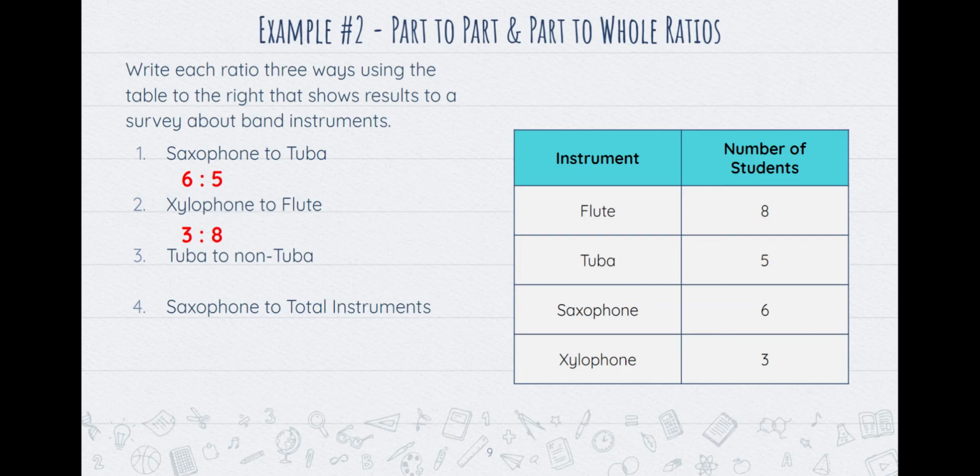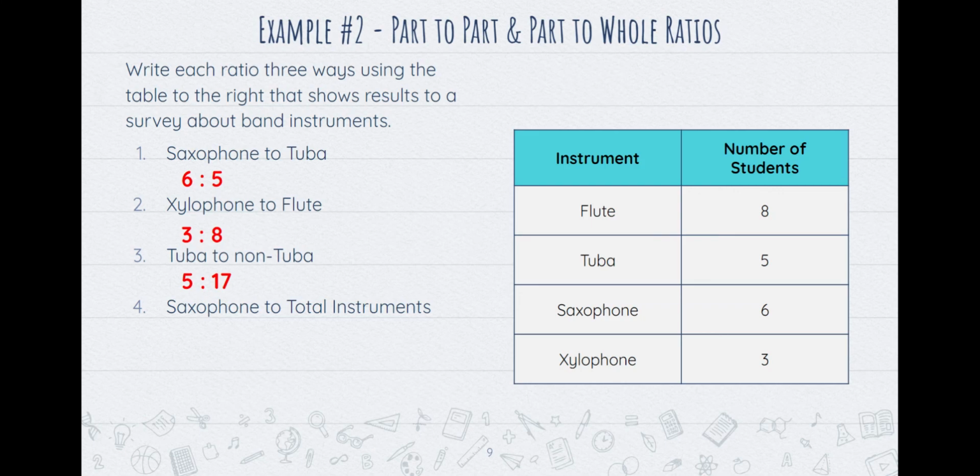Tuba to non-tuba is a little tricky. It's still part to part because it is not all of the total instruments, but it's a different kind of part. So we have 5 tubas to 17 non-tuba players. So we would just add every student up except the tuba players. And then number 4 is our part to whole ratio, because we just want to look at the number of saxophone players to all of the instruments.